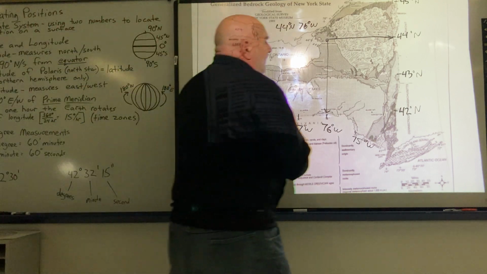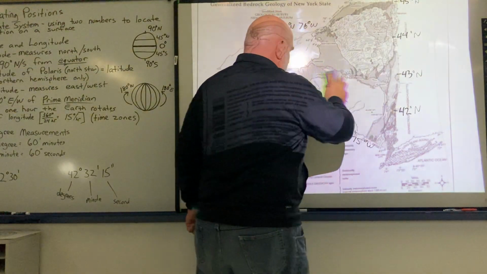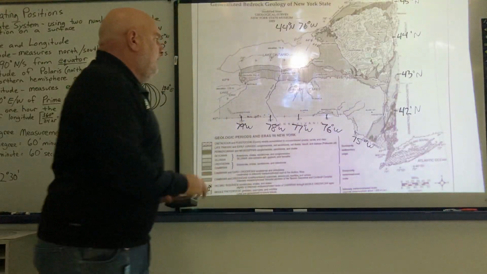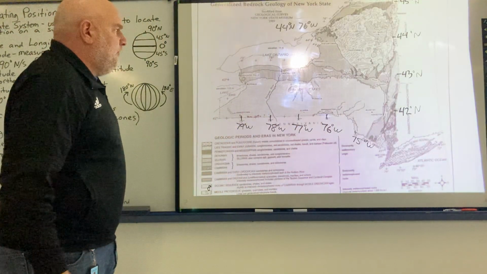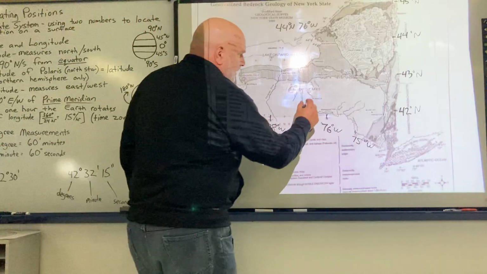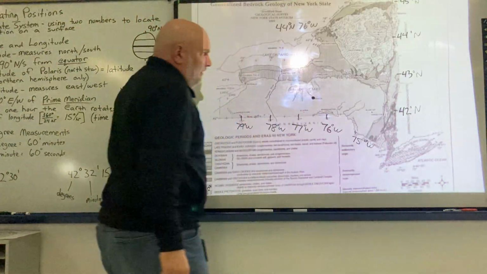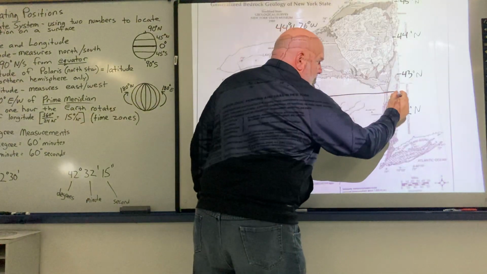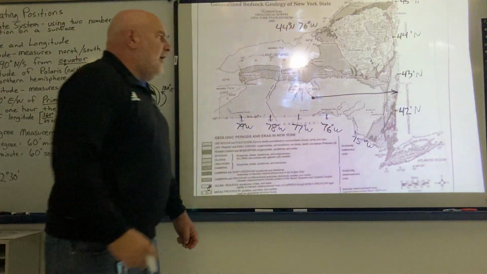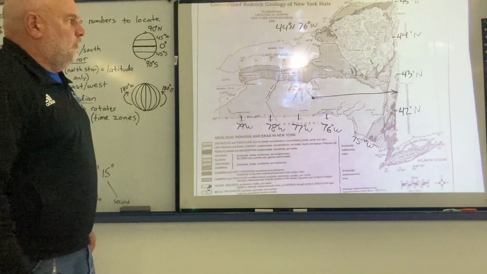All right. Let's say I want to find the latitude and longitude of Ithaca. Now, Ithaca is right about there. So when I come over here, Ithaca is about halfway between 42 and 43.